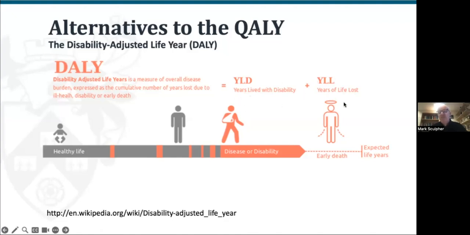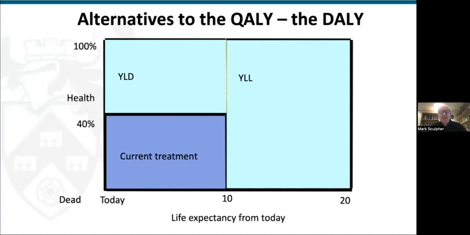And we're also thinking about the years of life lost. So that is, how many years of life do they lose because of premature death? And we put those two things together, the years lived with disability and the years of life lost, to get our DALY.